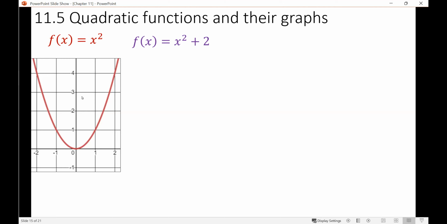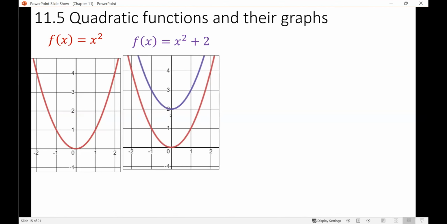It's going to shift up by 2. So vertical shifts are done by adding or subtracting a number after the squaring happens. If we add, it shifts us up. If we subtract, it shifts us down.